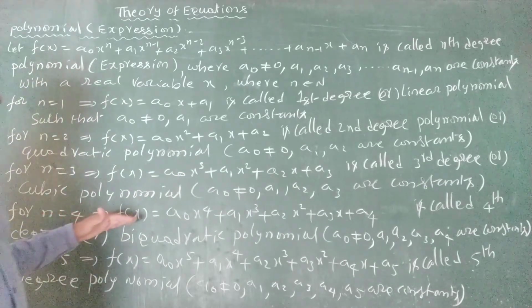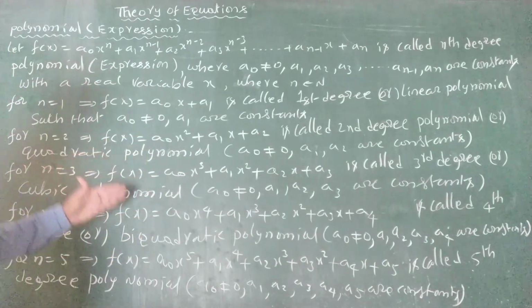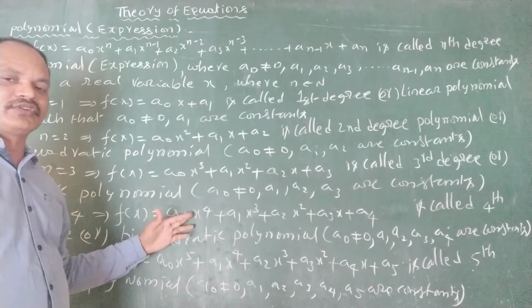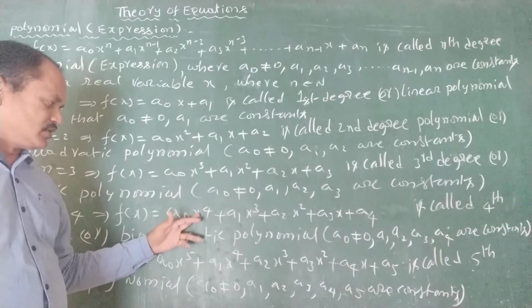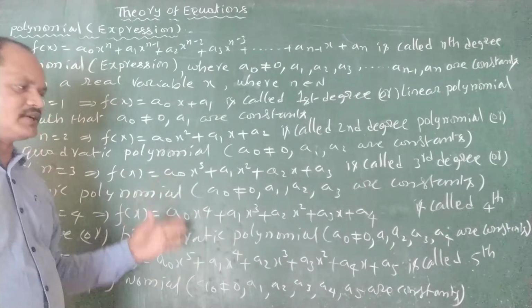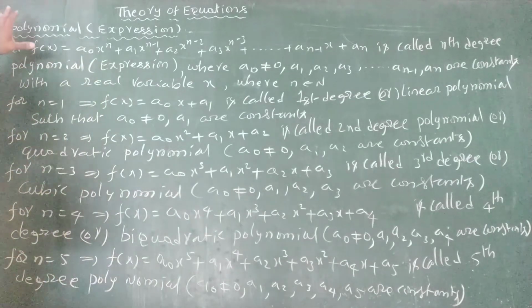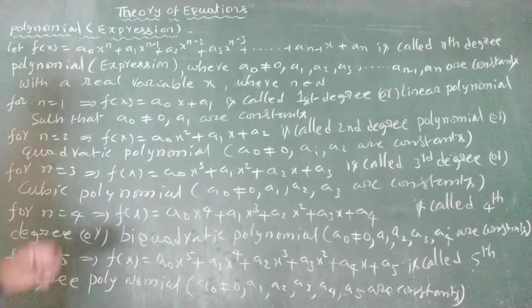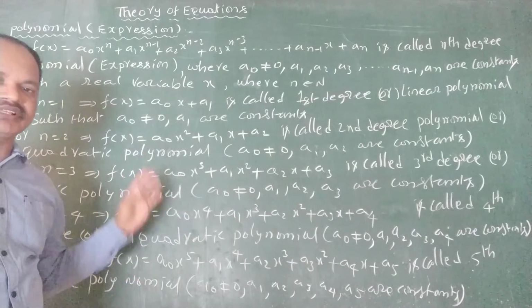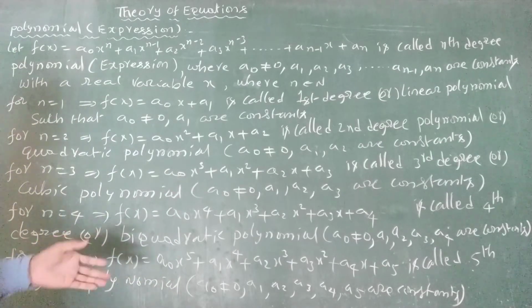So the degree of the polynomial depends upon the coefficient of the highest term, which must not equal 0. So these are the polynomials or expressions.